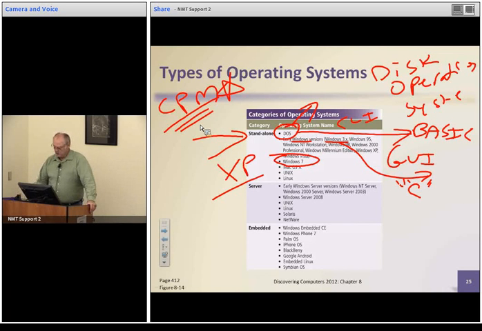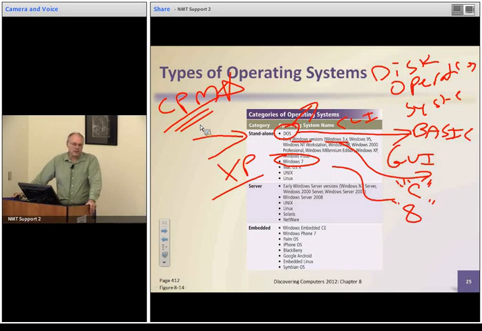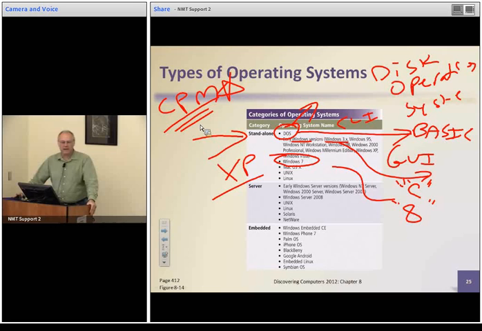And of course, this graph doesn't have it, but they're now talking about Windows 8, which is the latest version of Windows, which is a dream Windows has always had, which is to develop an operating system that can be run on any platform, any device, small, big, and that's what Windows 8 was intended to be. It also takes advantage of the touchscreen technology, so it can run on pads.